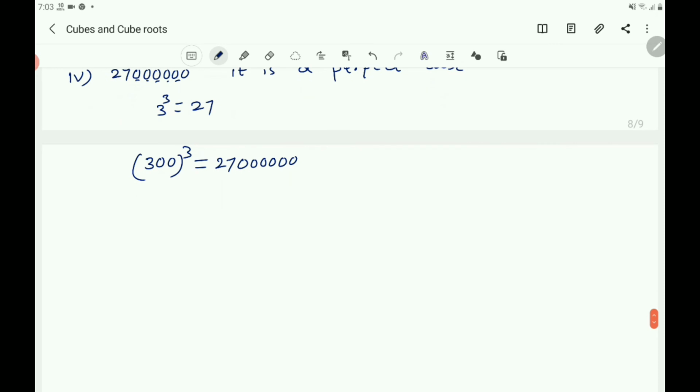Next, 1,000. That is the 10th one. You know that it is a perfect cube. 1 is a cube number, 3 zeros are there, so it is a perfect cube.